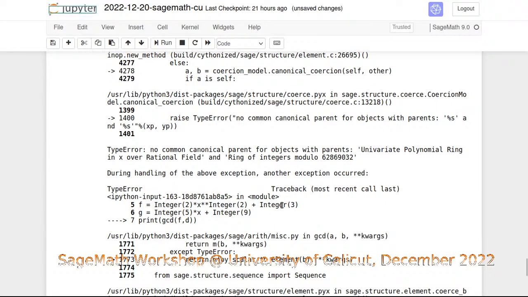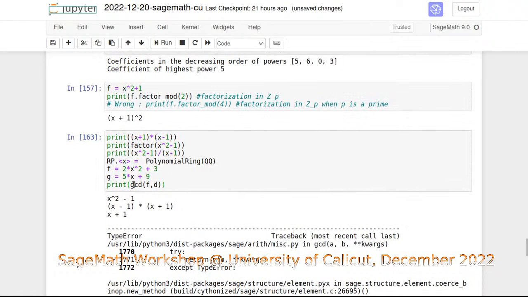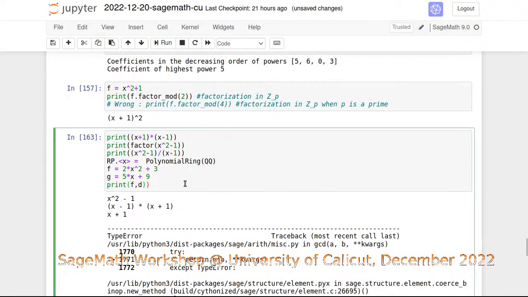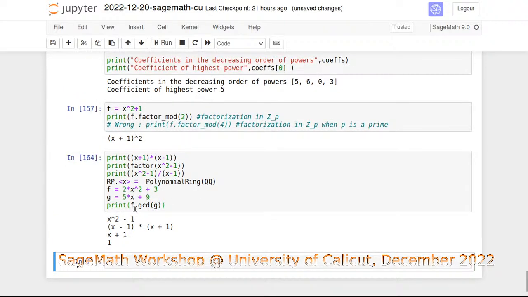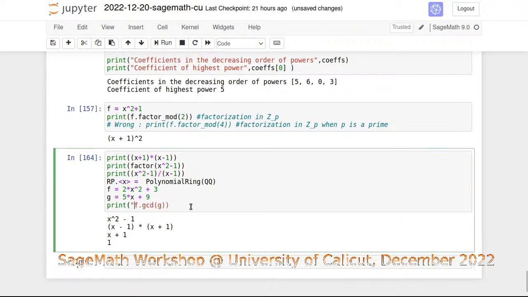Sorry, not GCD, f dot gcd, that's the command that we have to use here, not the usual GCD command. That's it.